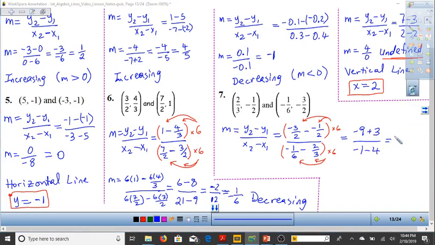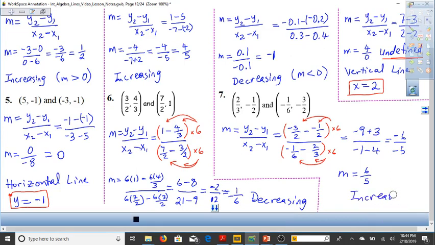Negative 9 plus 3 is negative 6. And negative 1 minus 4 is negative 5. So once we complete that, we see negative divided by negative is positive. So my slope is 6 over 5, which means this line is increasing. And there we have it.